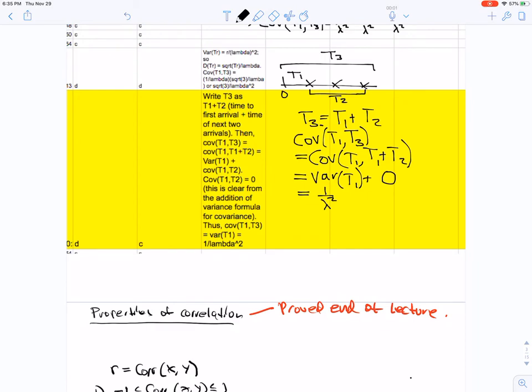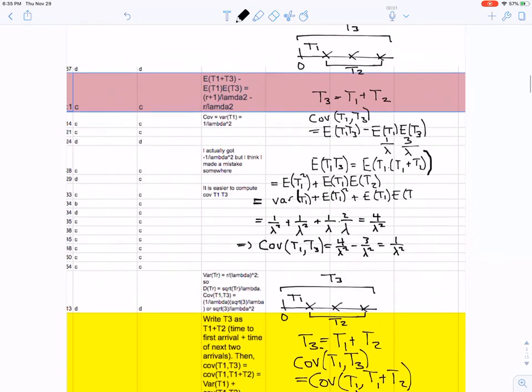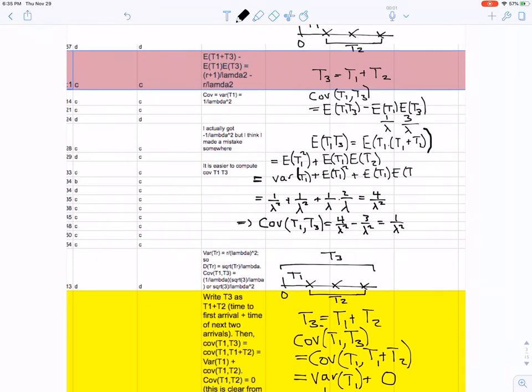And that's just 1 over lambda squared. You could also do this using just the definition of covariance as expectations, but then you'd have to find all of the expectations, and doing it this way, you can see that you also get 1 over lambda squared.